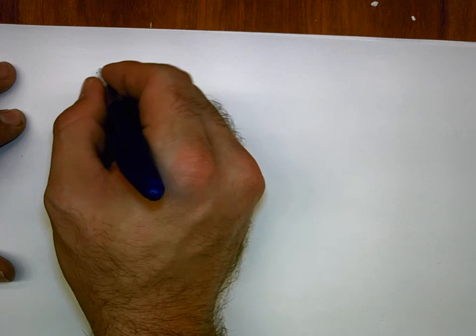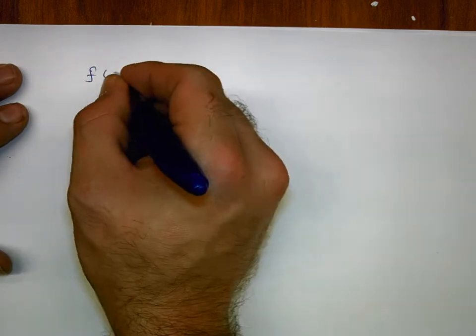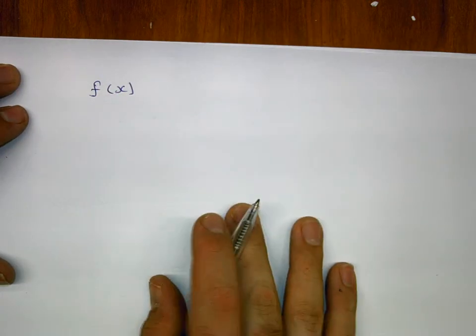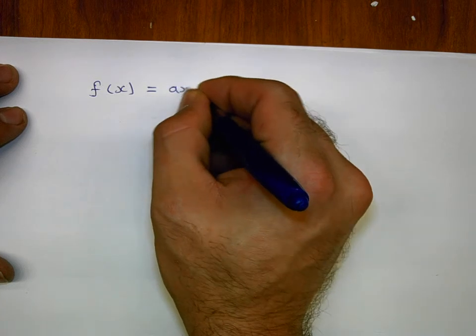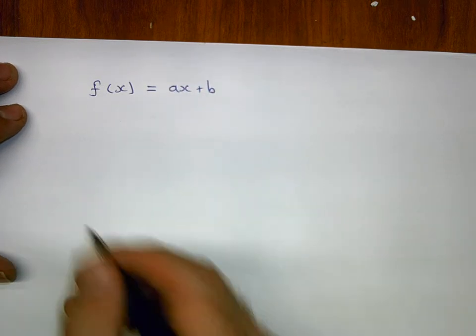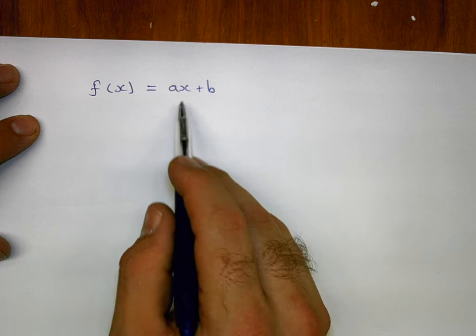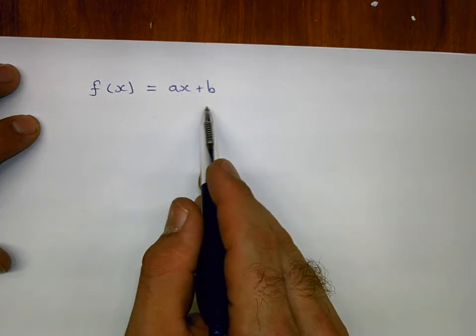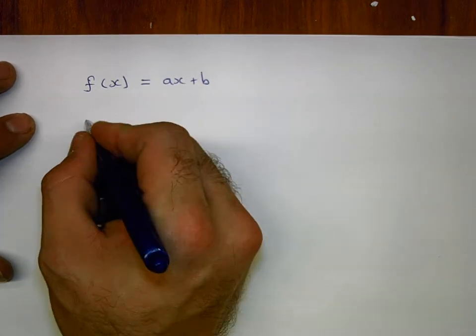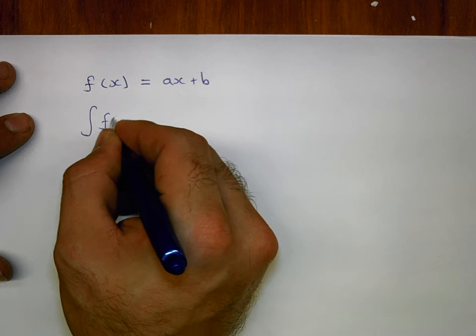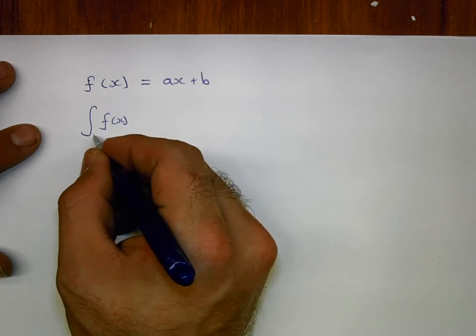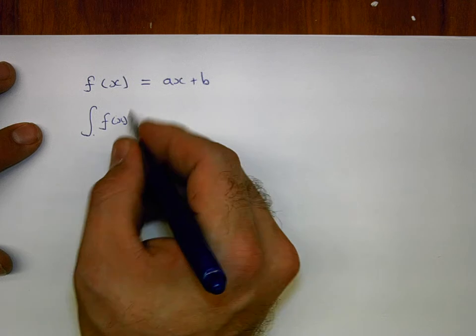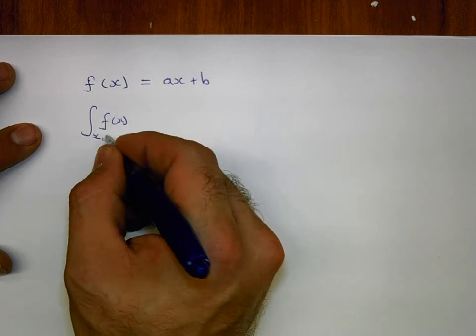So let's look at a simple function. Let's say f(x) is ax plus b, so a simple straight line. And I want to calculate the integral of this function. But remember integrals are areas under a curve, so I want to calculate it between two values of x.